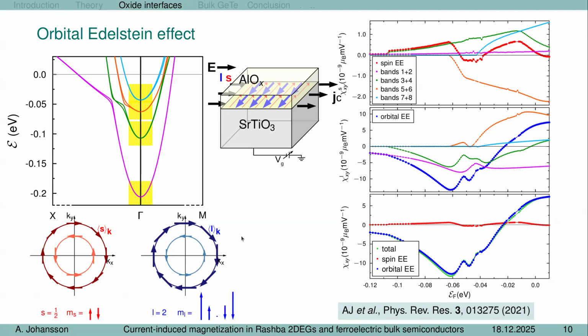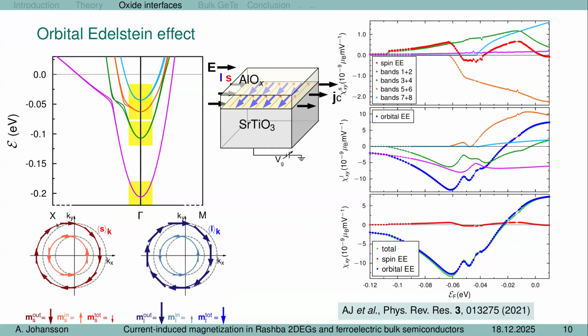If we now apply an electric field, we get some contribution from the outer band to the spin Edelstein effect, which is then directly compensated by the inner band, so only a small Edelstein effect from the spin moments survives. From the orbital moments, we get a large contribution from the outer band and only a very small opposite contribution from the inner one. And here we have again reduced compensation, which means enhanced effect. This explains, at least qualitatively, why the orbital Edelstein effect is so large here.